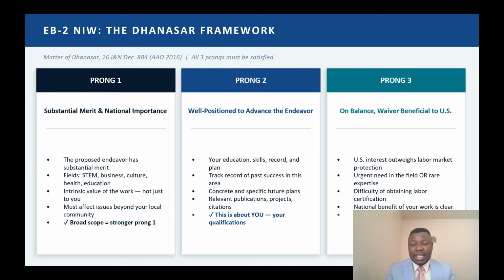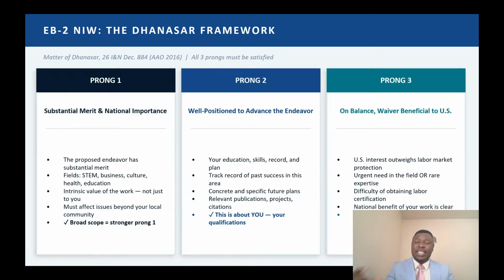I propose to establish a business school that will serve underserved communities in Urbana, Illinois, or in Manhattan, Kansas, or in New York. I propose to engage in research that will combine AI and machine learning to track fraudsters. Those are examples of a proposed endeavor.